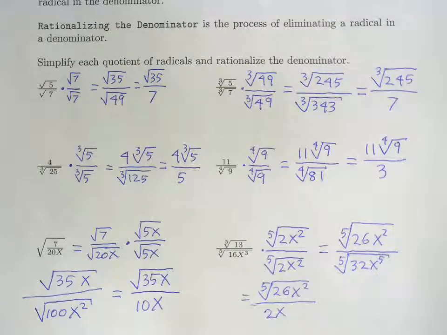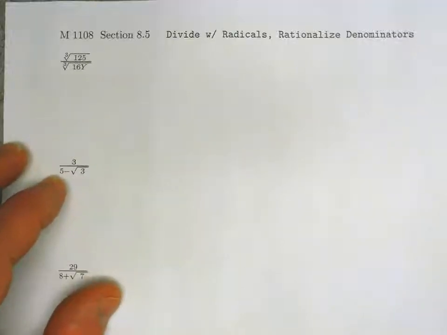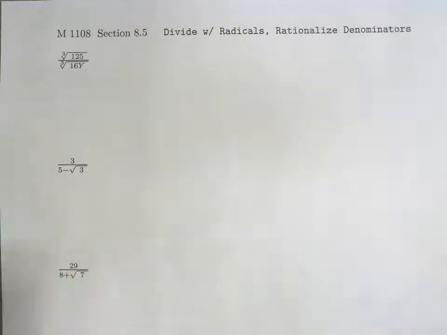Okay, we'll look at some more examples. We'll look at one more that's similar to the one that we just did. Okay, so this one, we start at the top.